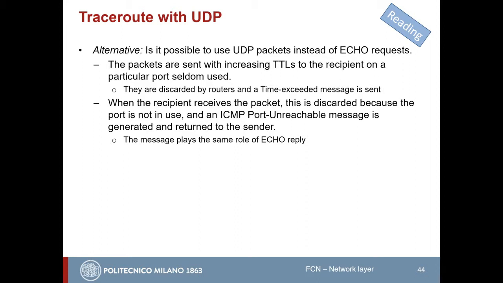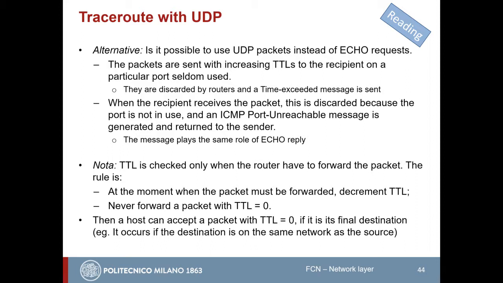Instead of sending ICMP echo messages, you can send UDP packets with the same technique, setting the time to live in the IP packets that are hosting the UDP segments to increasing values. In this case, it works the same.